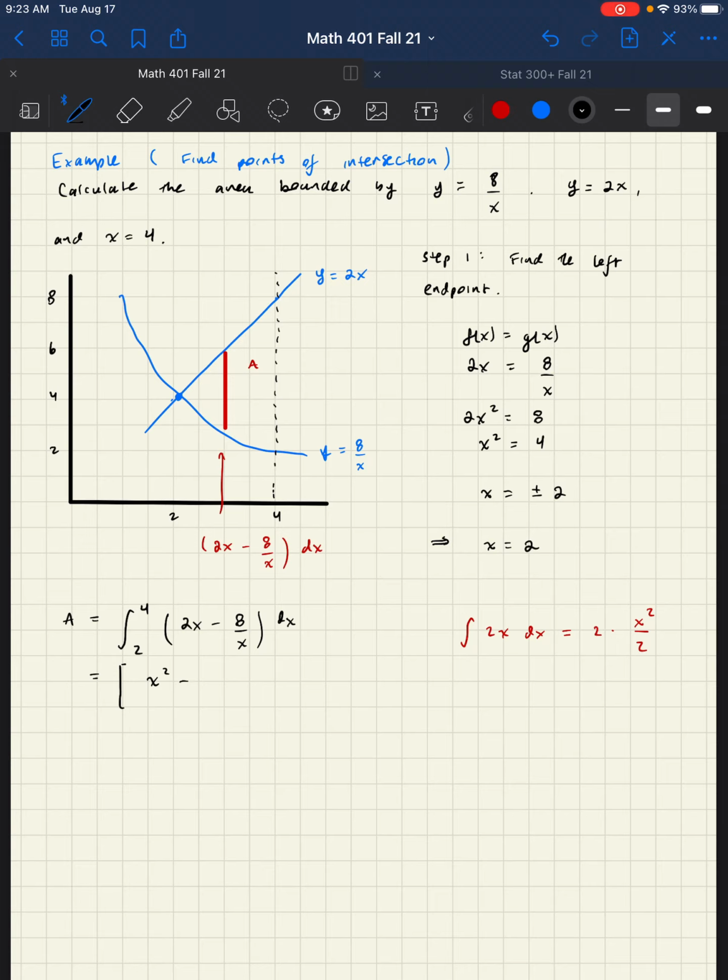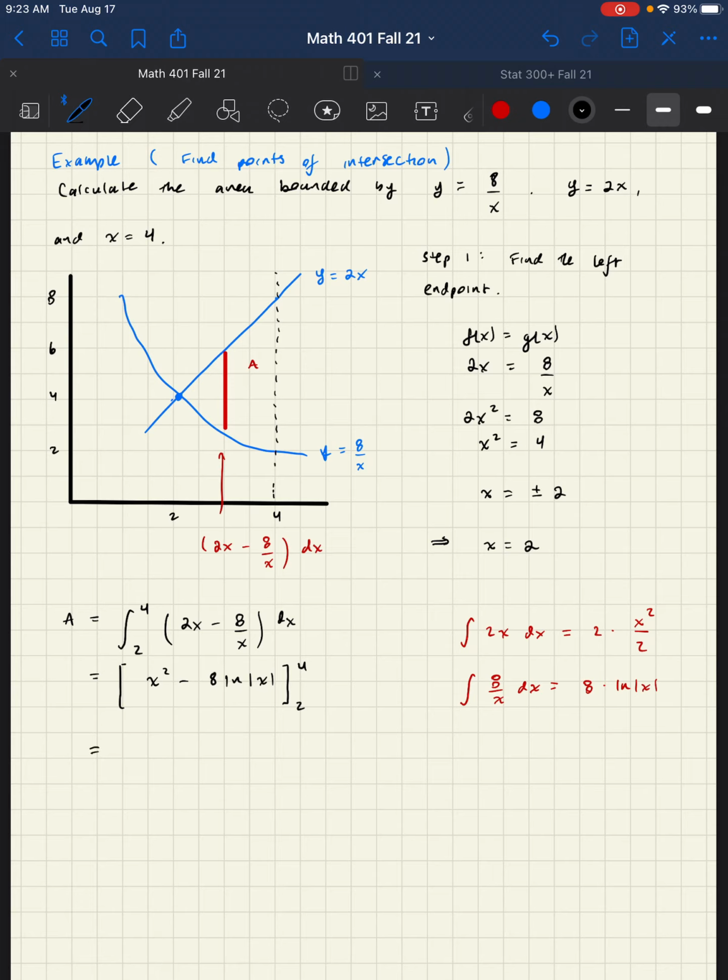So we get x squared minus, and then 8 over x is going to be 8 times ln of x, from 2 to 4. Now, we don't actually need to worry about the absolute value bars here because we're talking about only positive quantities in the first place, so you can safely ignore that.